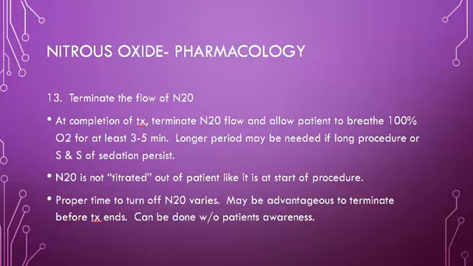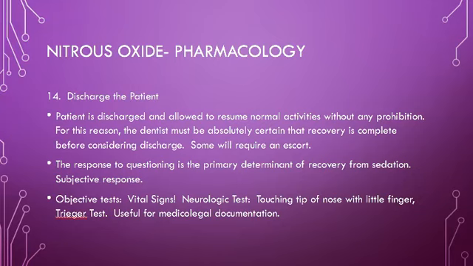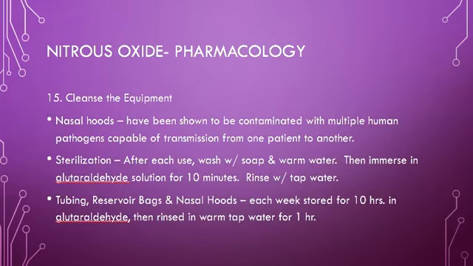By the time you're finished with everything, the patient has already done their 100% oxygen for 5 minutes, and they're ready to get going with the rest of their day. But it really will depend on each patient.